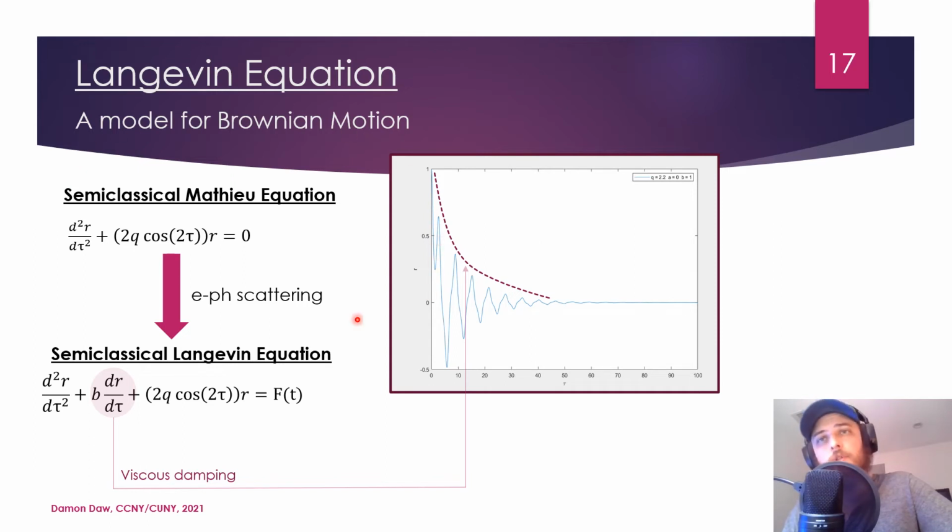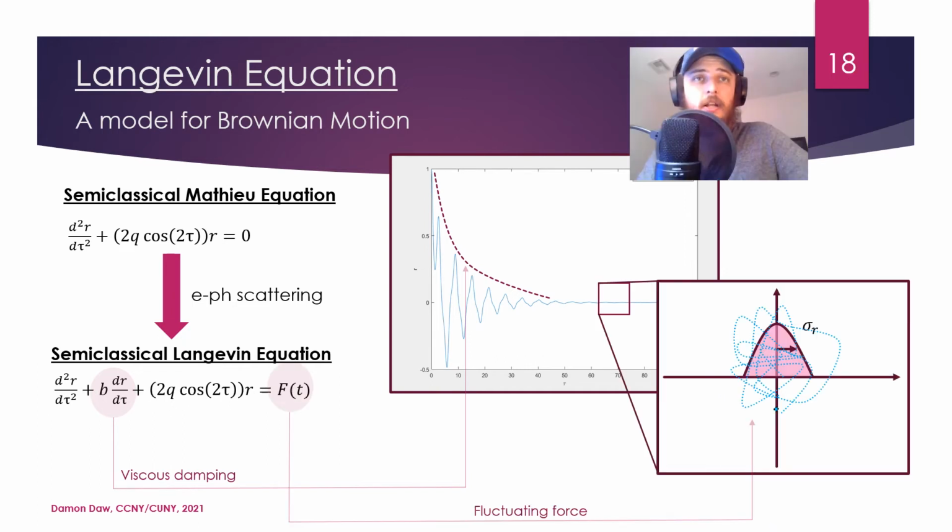So we just talked about what this damping term does to the stability diagrams and to the trajectories. But there was one more component for the theory of Brownian motion, and it's a random force, this fluctuating force that represents the fluctuations in the phonon bath that can inject energy back into the carrier.